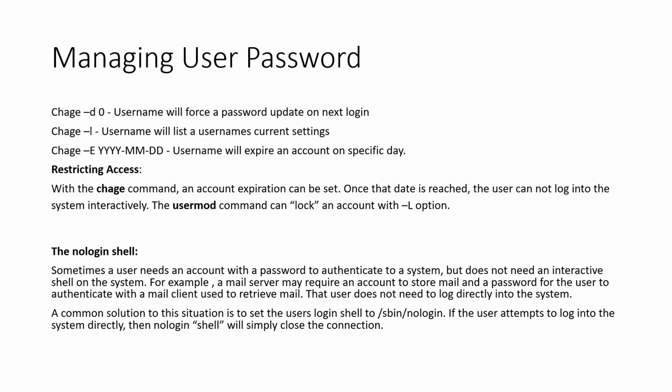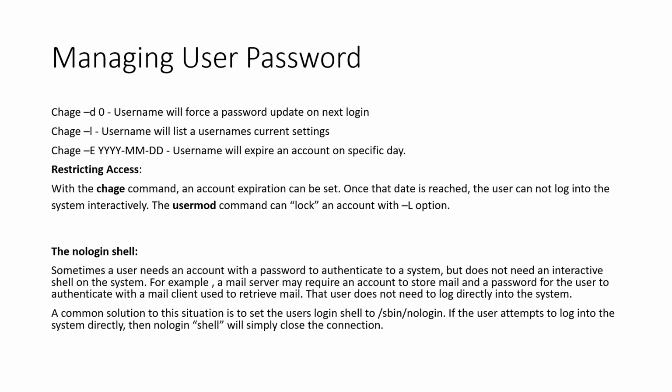So chage -E with a YYYY-MM-DD format and username will expire an account on a specific day. If you set a particular date for that user's expiration, then on that date the policy will expire.